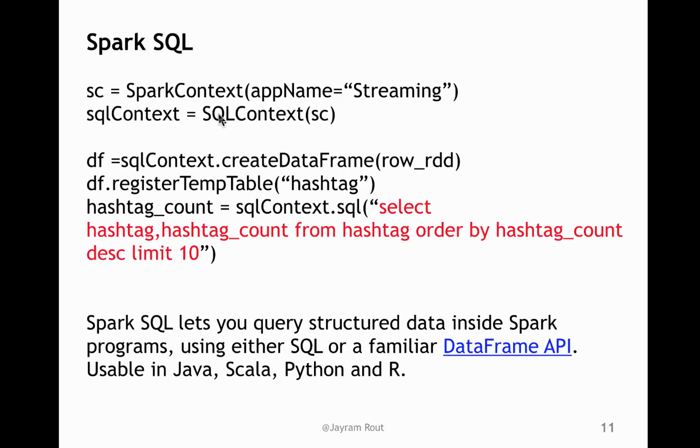Spark SQL: in this case, we are using Spark SQL for selecting the information or the hashtags in the form of a query. Spark SQL lets you query structured data inside a Spark program using either SQL or familiar DataFrame APIs. We'll see that in the coding section.